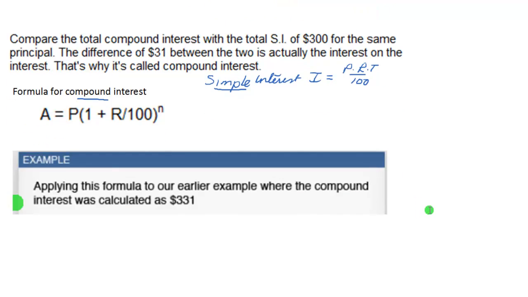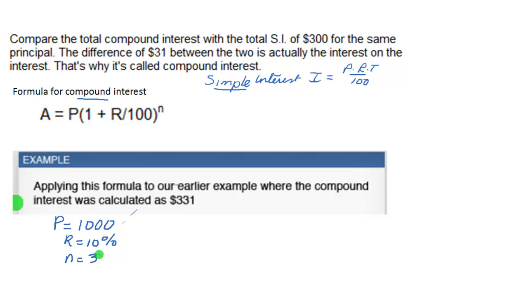So let's actually apply that. So P, the original principal, was 1,000. So you do use your original principal in your formula for compound interest. R is 10%, okay? And then N is 3 because we compounded yearly for 3 years, right?